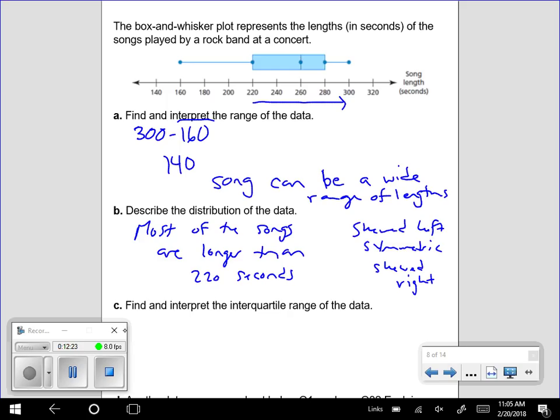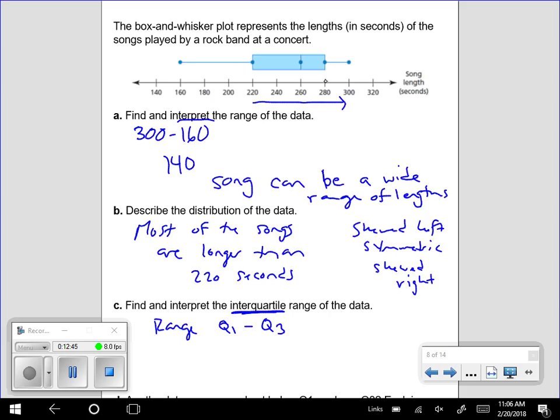The last question says find and interpret the interquartile range of the data. This is an important word. We've talked about the range, that's the range of the entire piece of the data, but the interquartile range is the range from quartile 1 to quartile 3.